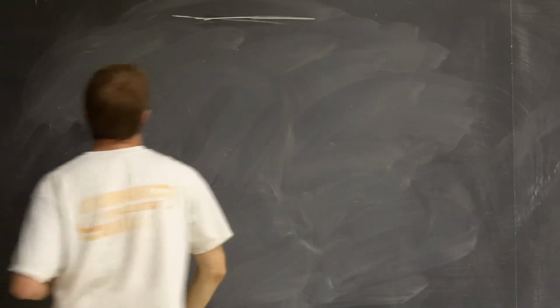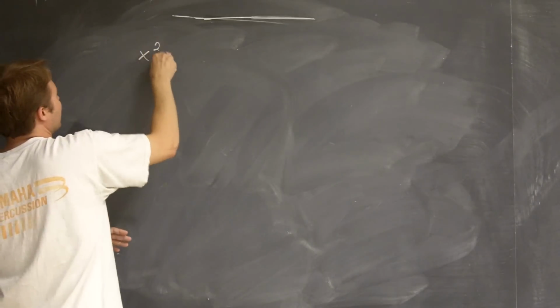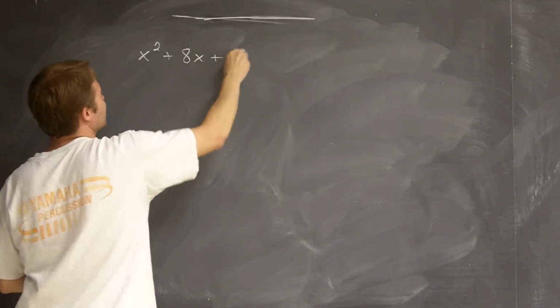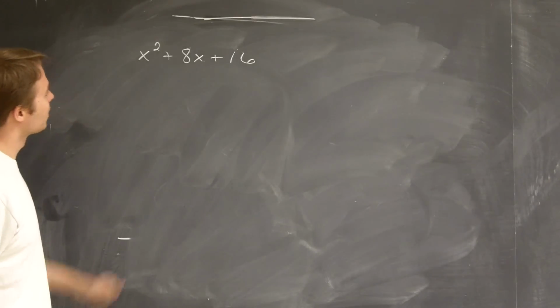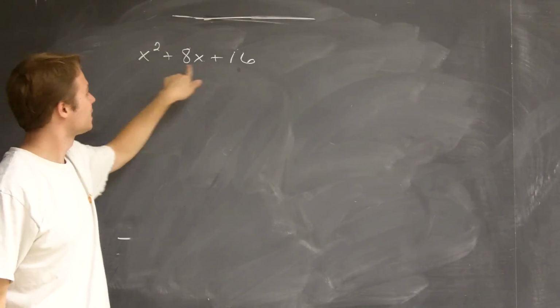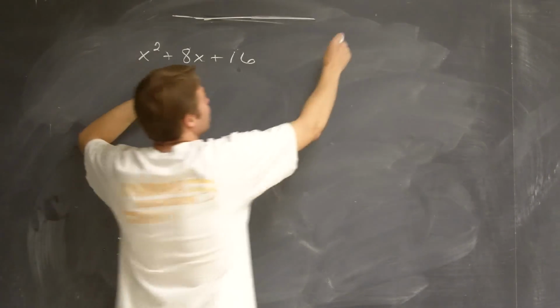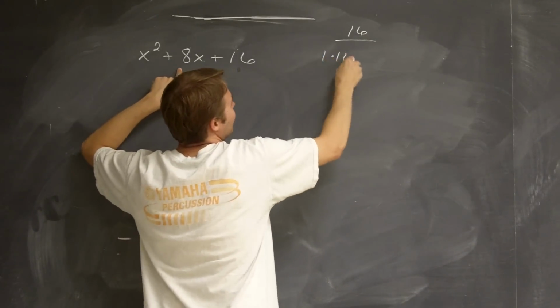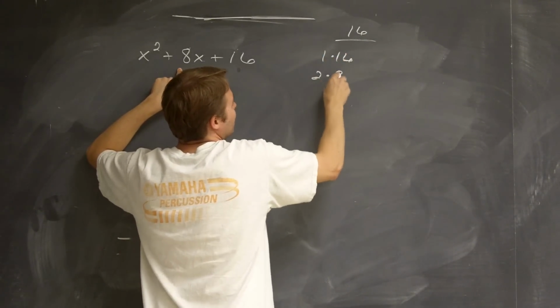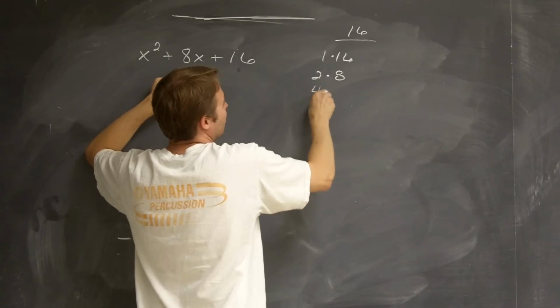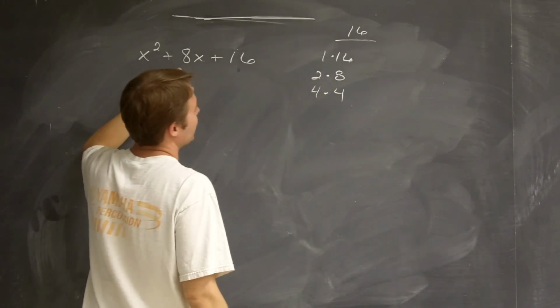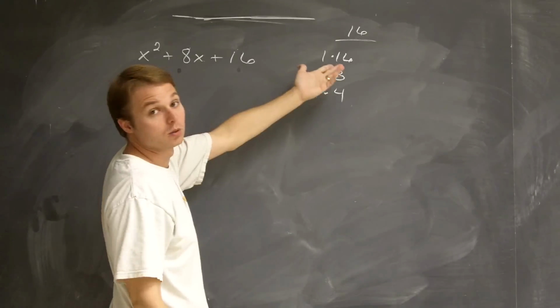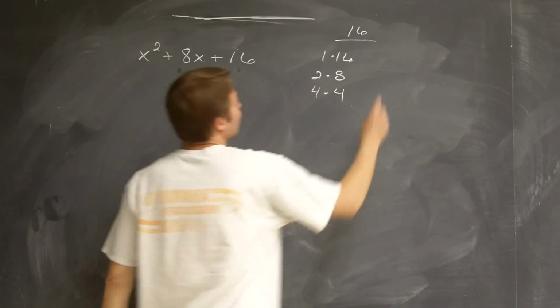So we'll look at one more. X squared plus 8x plus 16. Again, what two numbers multiply to get 16 and add to get 8? Well, let's just go over here and write out all the factors of 16. This could be 1 times 16, 2 times 8, or 4 times 4, and that's all, right? Because then we get to 8 times 2, which is the same thing as 2 times 8.